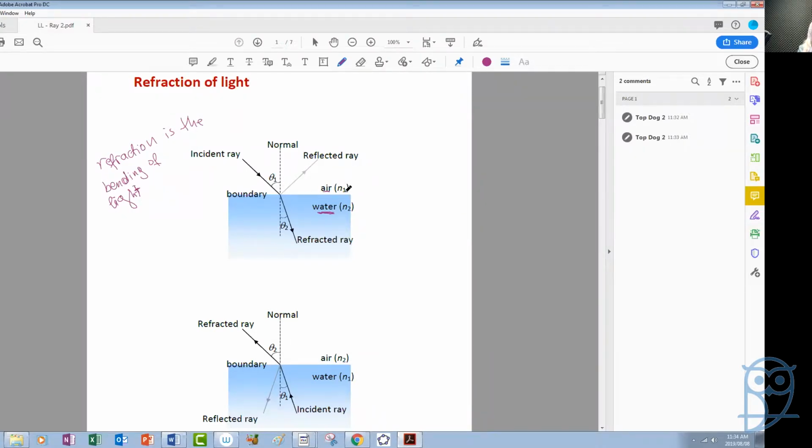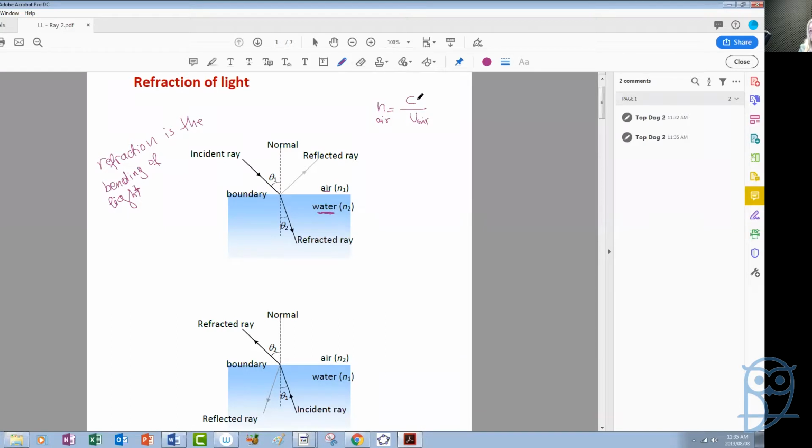So the refractive index of a medium is the ratio between the speed of light in vacuum to the speed of light in the medium that we are talking about. In air, for example, this index of refraction would be characteristic of air, and this speed here is the speed at which the light travels in air.